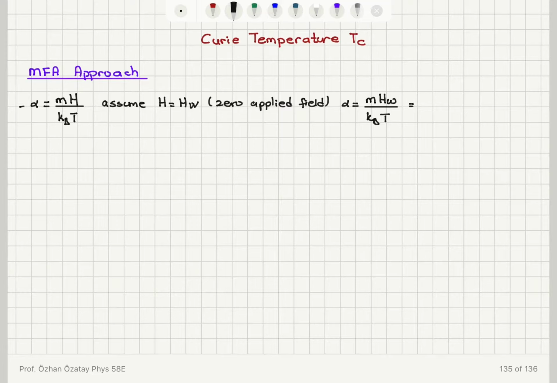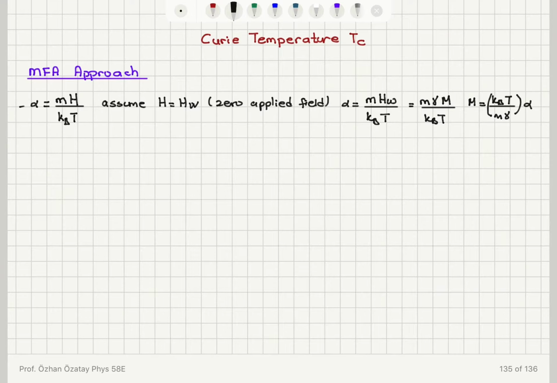And for the Weiss molecular field we have gamma times magnetization, gamma times M is the Weiss molecular field, divided by kBT, and we find that the magnetization M is the ratio of thermal energy kBT divided by m times the Weiss molecular field constant, multiplied with alpha.